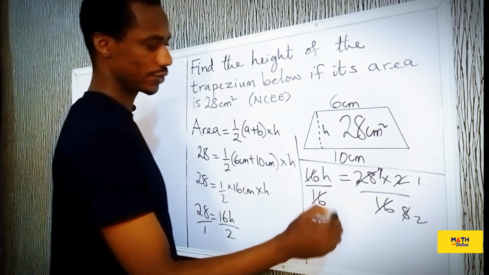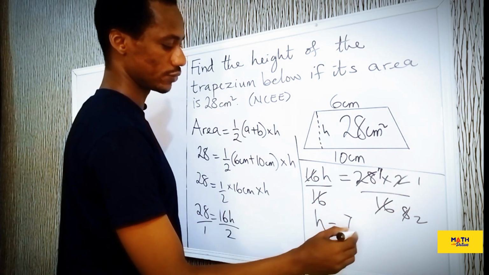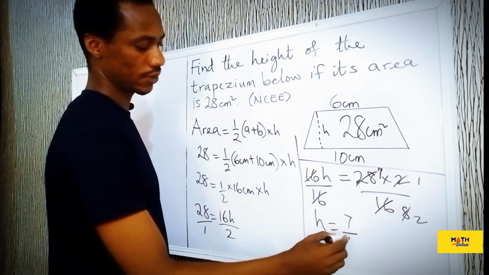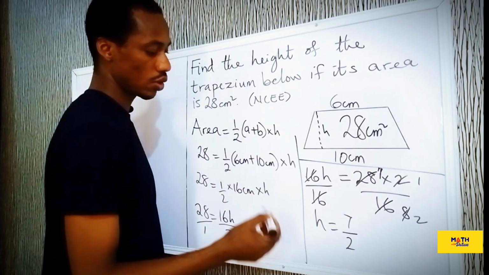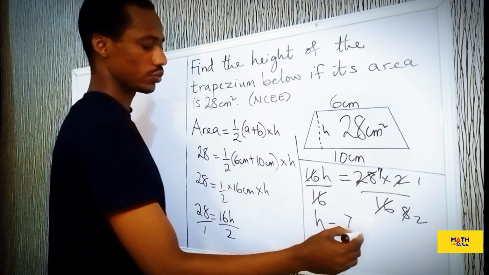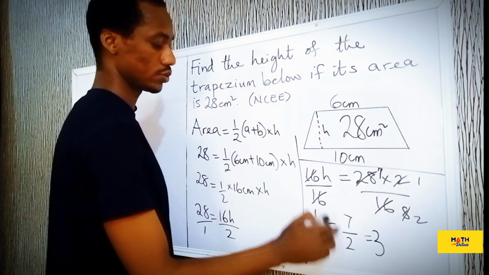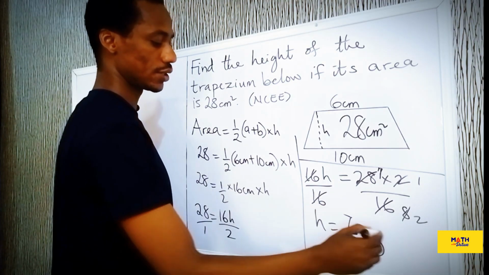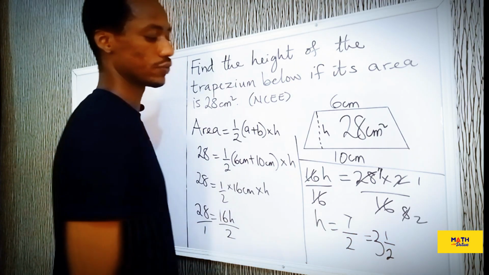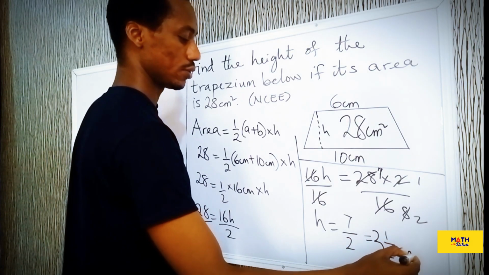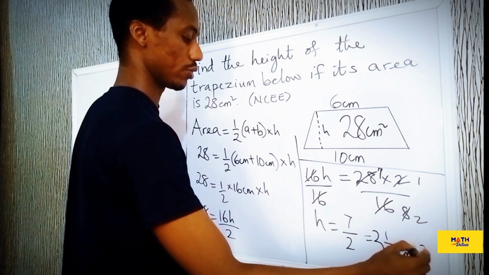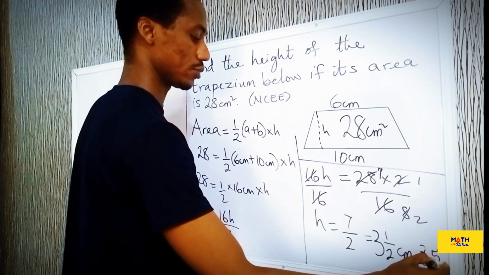So what do we have left? 7 times 1 is 7, and 2. So that's 7 over 2, which is 3 whole number, because 2 in 7 is 3, remainder 1, and that's over 2. Or you can write it in decimal. That will be 3.5 centimeters.